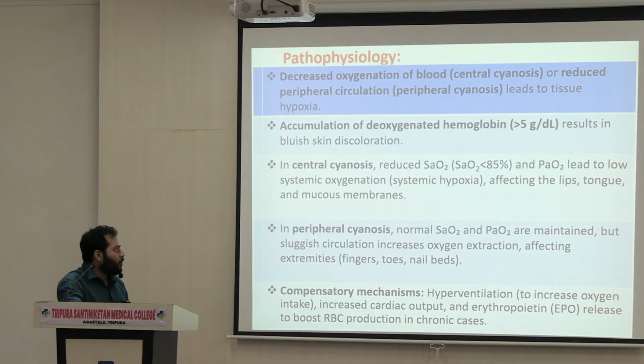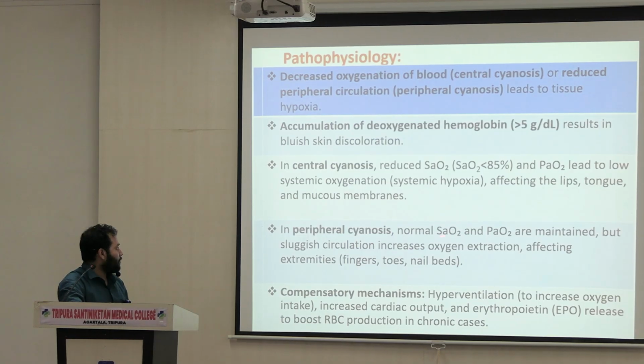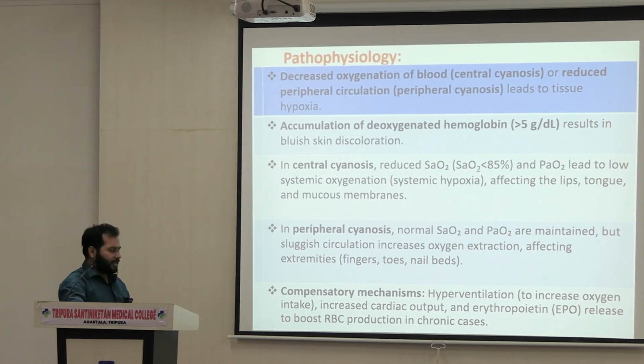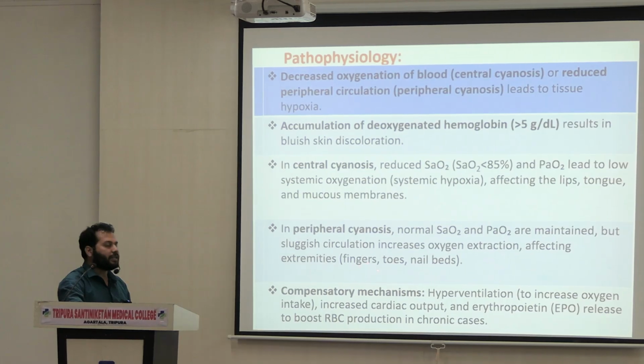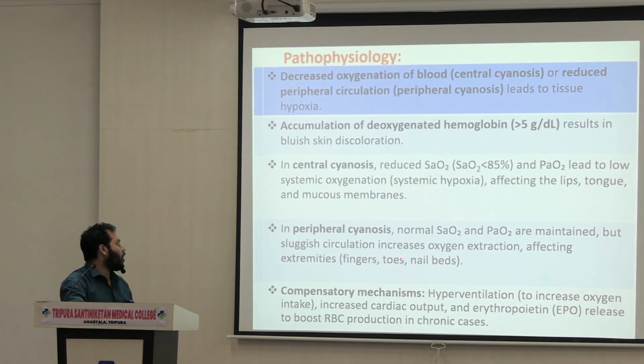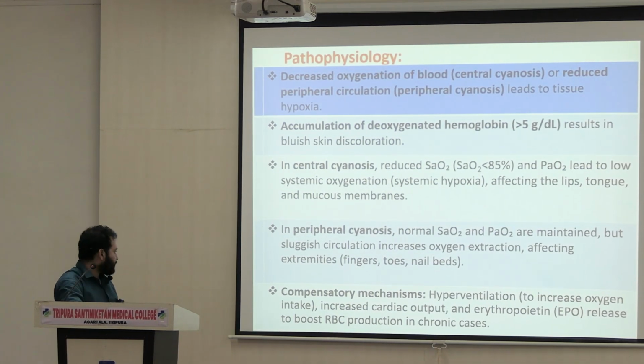So these are the important features by which you can differentiate central cyanosis from peripheral cyanosis. And another important feature: in case of peripheral cyanosis, the affected sites are the periphery or extremities, mainly the fingers, toes and nail beds, right?